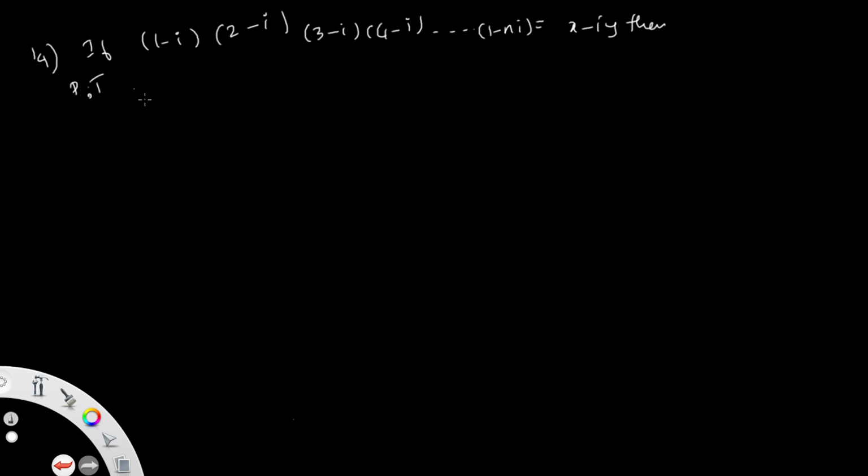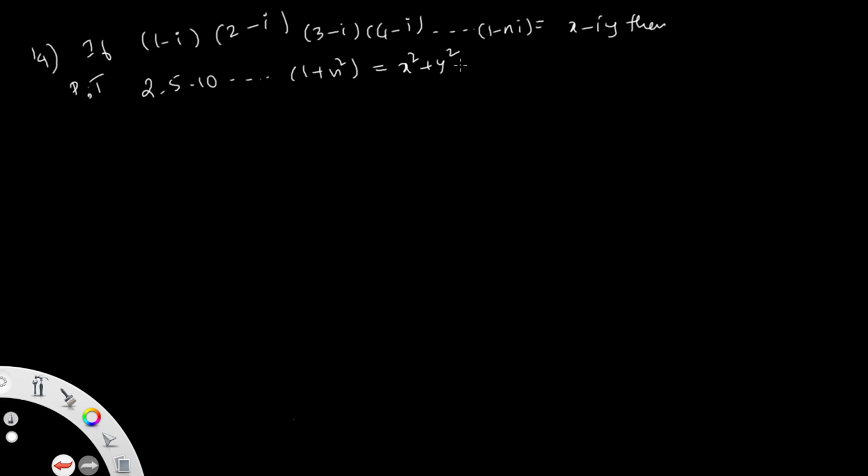So if (1 minus i)(2 minus i)(3 minus i)...(1 minus ni) equals x plus... x minus iy, then prove that 2 into 5 into 10 and so on up to (1 plus n square) equals x square plus y square. X square plus y square, it is given.